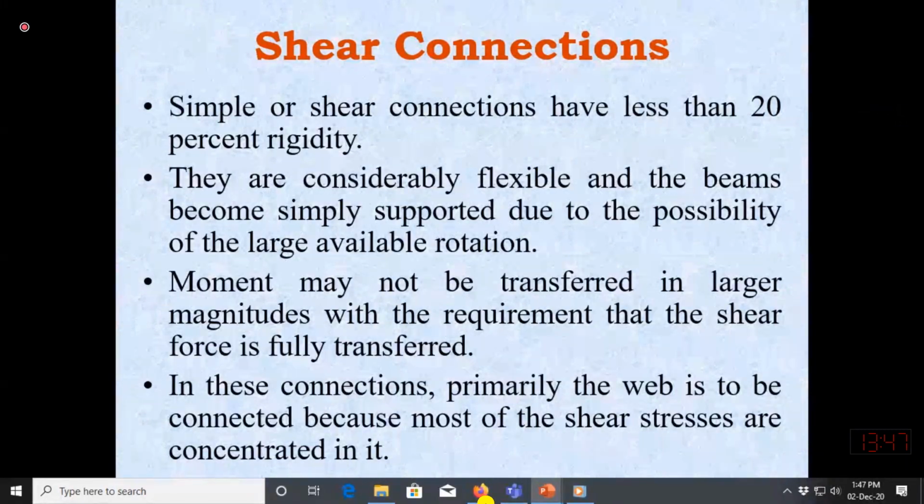You know that if both ends are pinned, we will have the maximum rotation at the end. I believe that you have already derived the moment area method to compute the deflection or the rotation at a simple support in your mechanics of materials. So moment may not be transferred in larger magnitude, with the requirement that the shear is fully transferred.